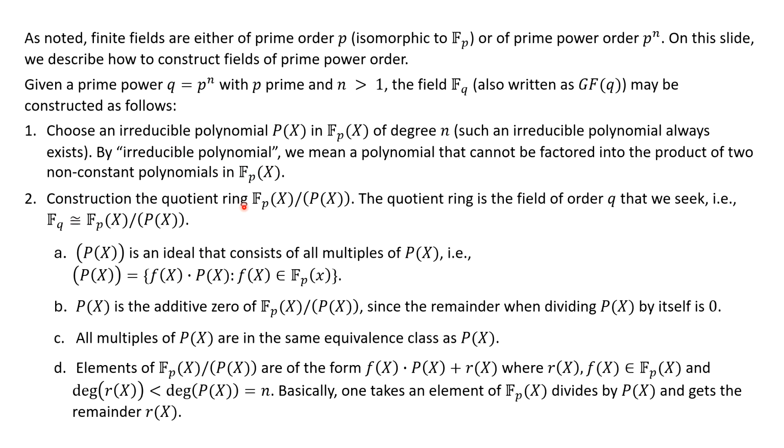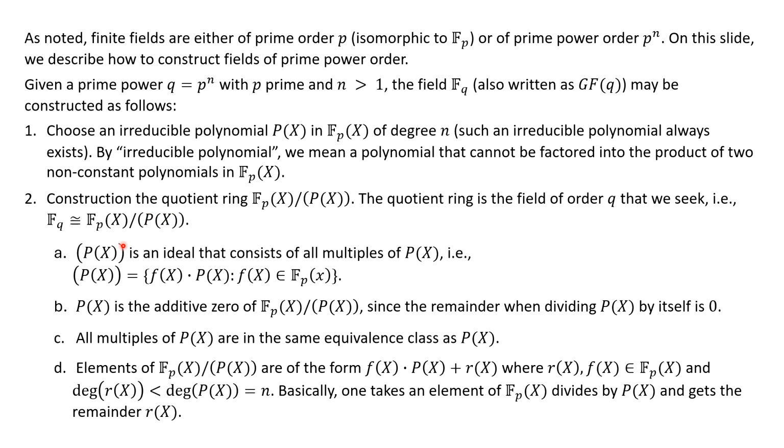Then construct a quotient ring, F_p[x]/(p(x)). The quotient ring is the field of order q that we seek. So in other words, F_q is isomorphic to this quotient ring.